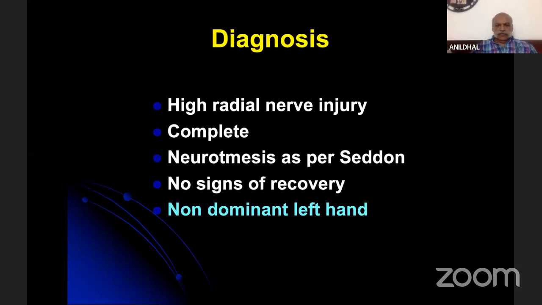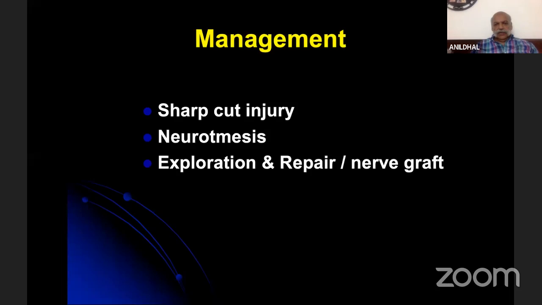And it is affecting the non-dominant hand. So as far as the management of this scenario is concerned, it is nothing else but you need to explore and repair the radial nerve and try to either repair it or put a nerve graft, whatever the given situation is.